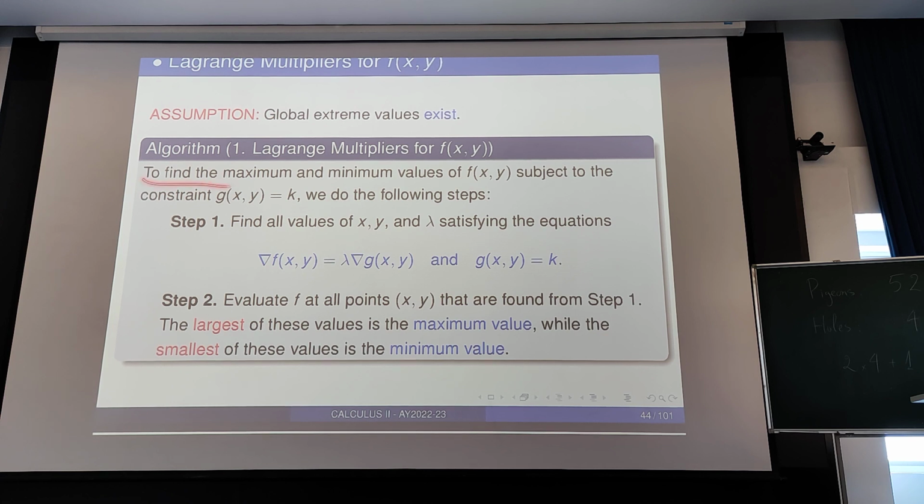Okay, to find the maximum and minimum values of f subject to the constraint g equals k, we do the following steps. Step 1, we need to find all values of x, y, and lambda satisfying the two equations.